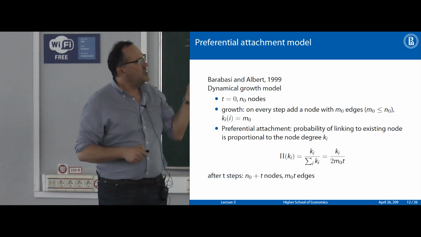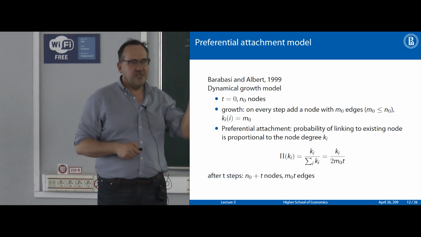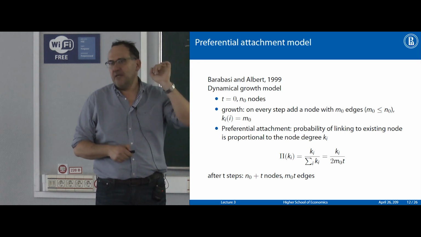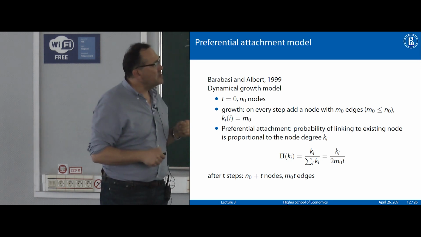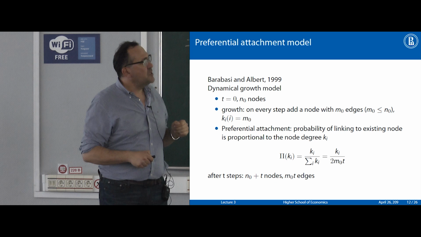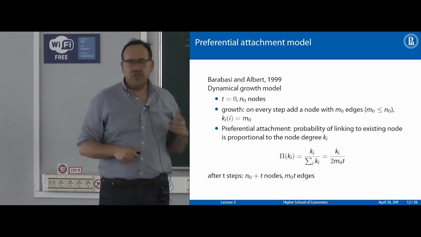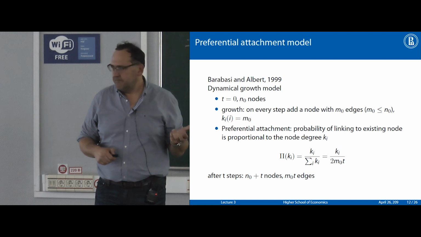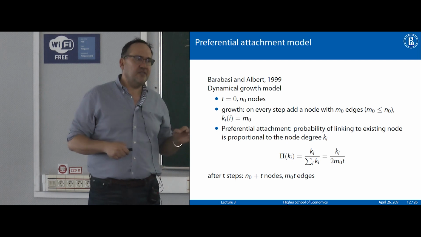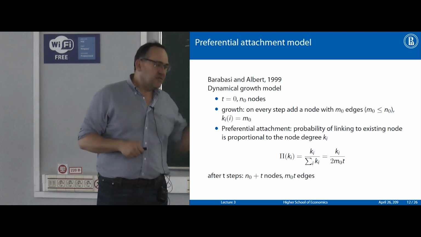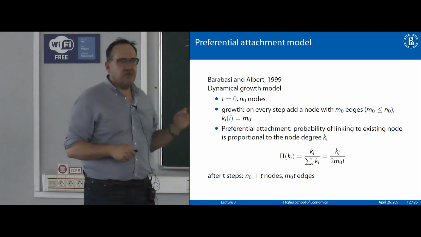Here, you can come in with, say, 3 edges, which means you can simultaneously connect to three groups. It's just another parameter in the model. And then there is preferential attachment, which means the probability of connecting to a particular node is proportional to that node's degree. Okay? Again, it does not mean that you only connect to the node with the highest degree. It just means you're more likely to connect to a node with a higher degree.